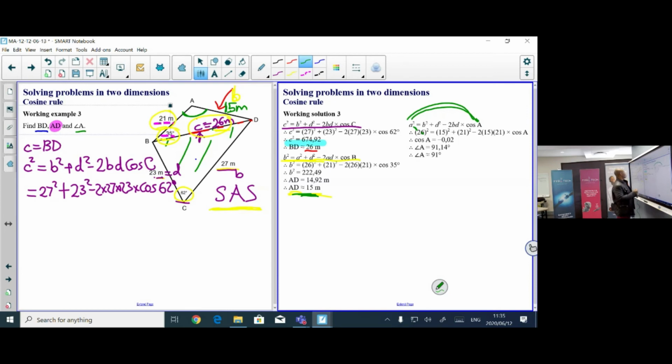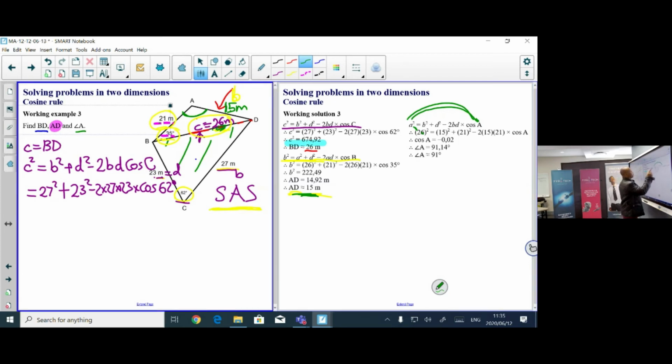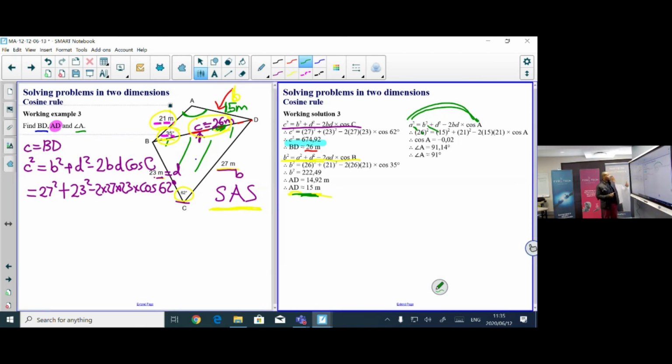And that equals b squared, which will be 15 squared, and then d squared will be 15 squared. You just substitute your b and d in that formula. The only thing you don't have at that point is your cos a. So you transpose all this to the other side until you remain with cos a. You will see that it is a negative number.